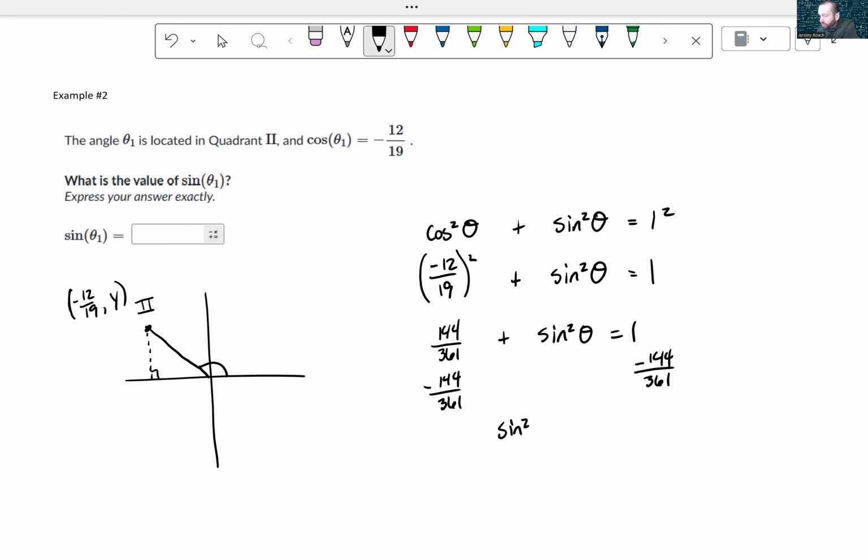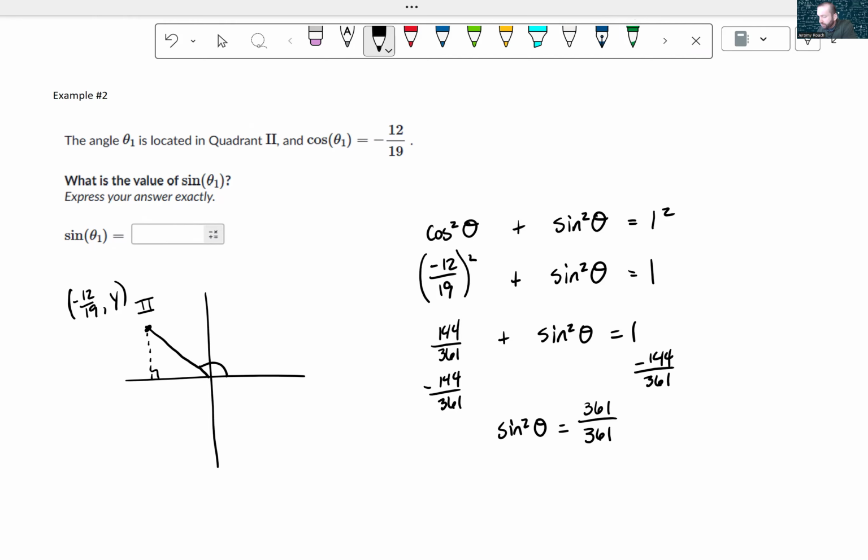Get sine squared theta equals 1 minus this. Make sure to keep this as a fraction. We're going to change this 1 to 361 over 361. This is very important.